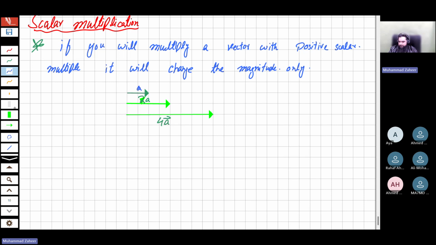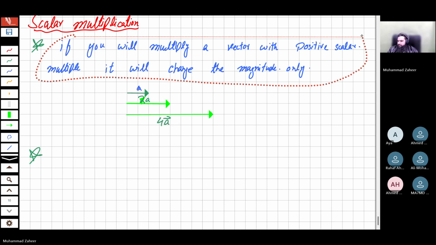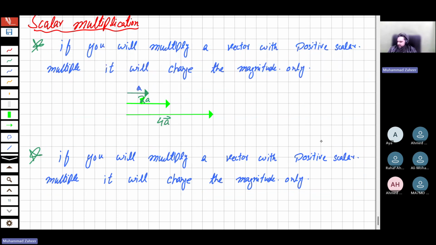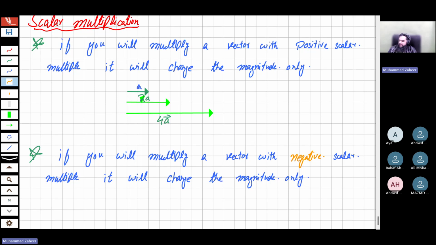And if you multiply a vector with a negative scalar multiple, it will change the magnitude as well as the direction. The direction will become opposite.